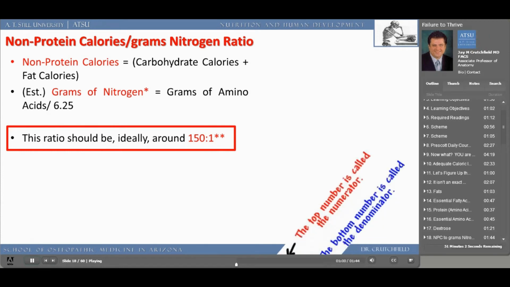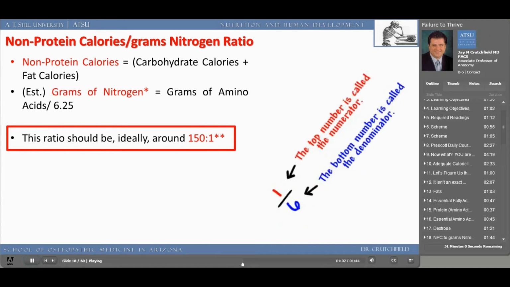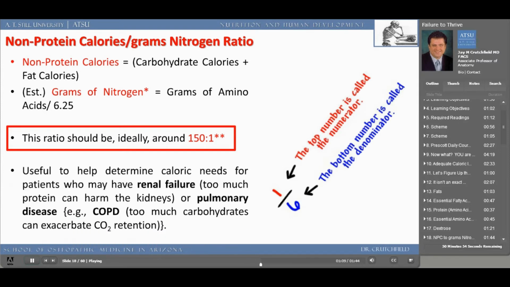We can play around with this number if a patient has kidney failure or if they retain CO2. If a patient has severe emphysema and severe lung disease and they retain carbon dioxide, well, think about this.